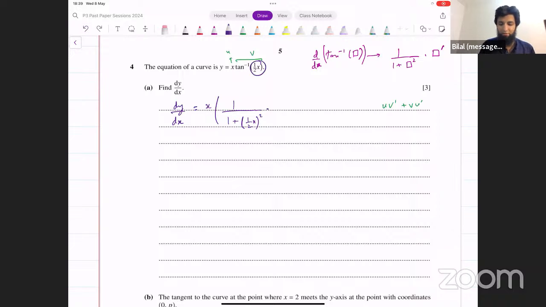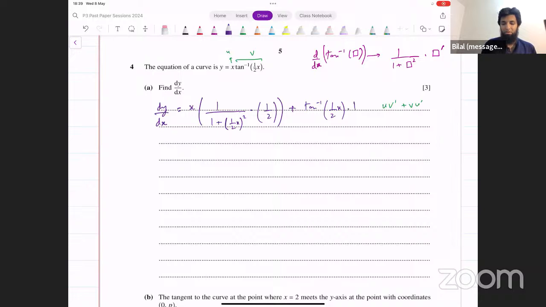What's that? That's half. That's uv' plus v as it is, and the derivative of u. V is tan inverse of half x into derivative of x, which is just 1. Now let's simplify this. You have x, this 2, I can just write that outside to make things simpler.